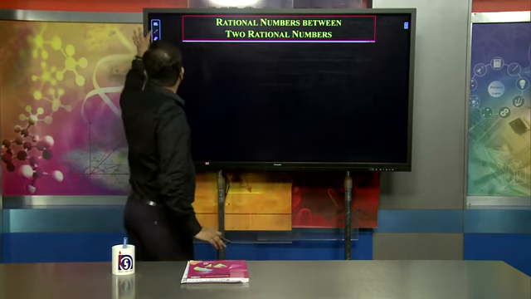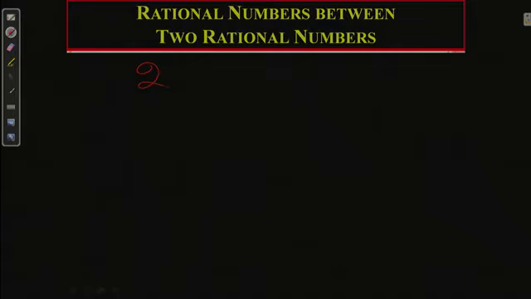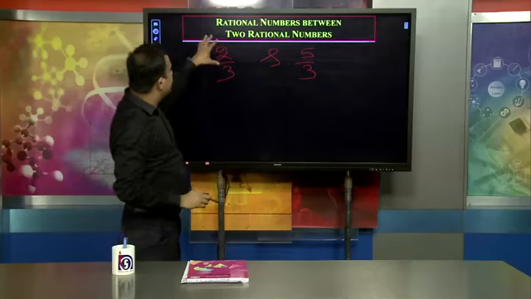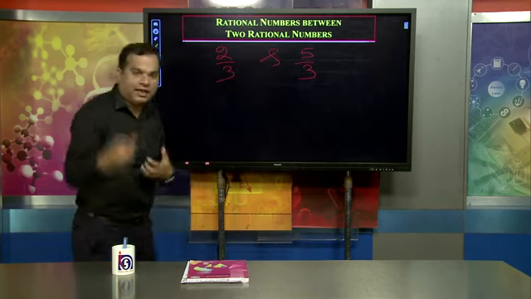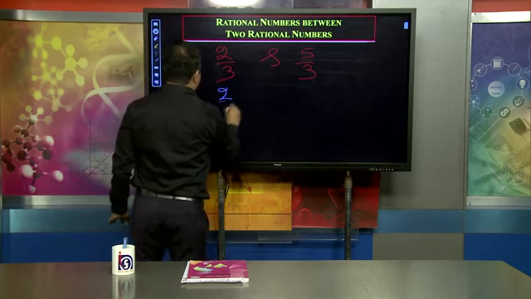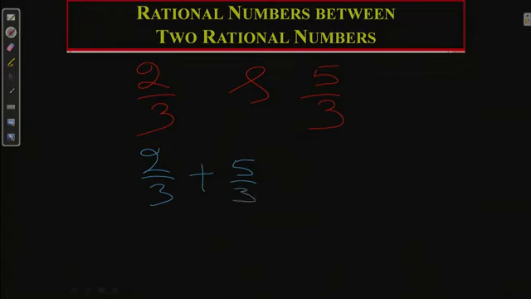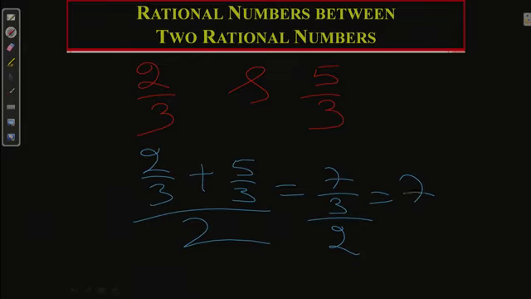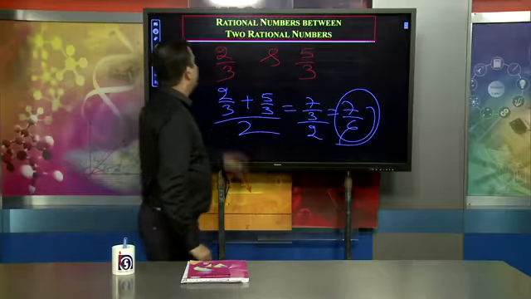For example, suppose 2 by 3 is one rational number and 5 by 3 is another. How do we find another rational number between them? We take 2 by 3 plus 5 by 3, divided by 2. We get 7 by 3 divided by 2, that is 7 divided by 6.